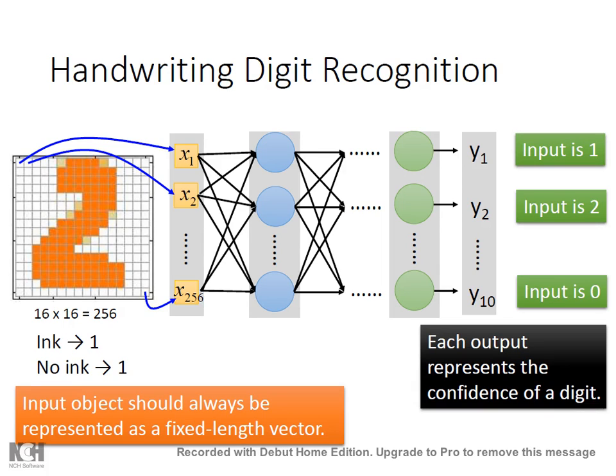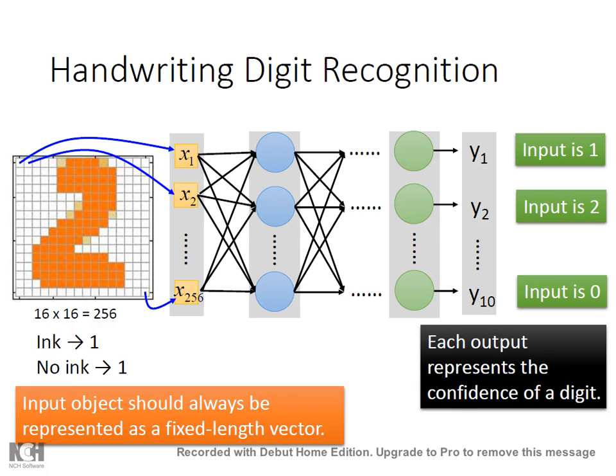And remember, your final output will be like this: Y1, Y2, up to Y10. Each neuron corresponds to a digit, here meaning the result is digit 1, 2, until the final one is 0.